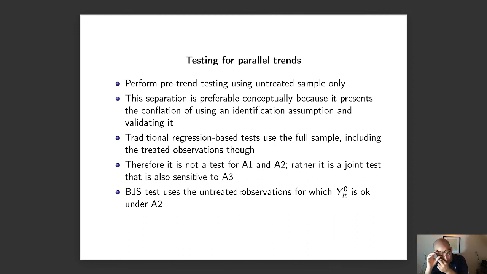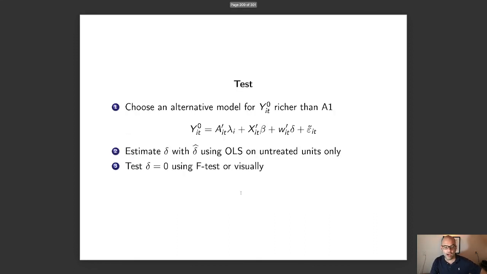They recommend using just the untreated units. Therefore, it's not a test for A1 and A2. So choose an alternative model, estimate delta hat using OLS on untreated units only, and test that delta equals 0 using an F-test or visually. That's what you're doing.